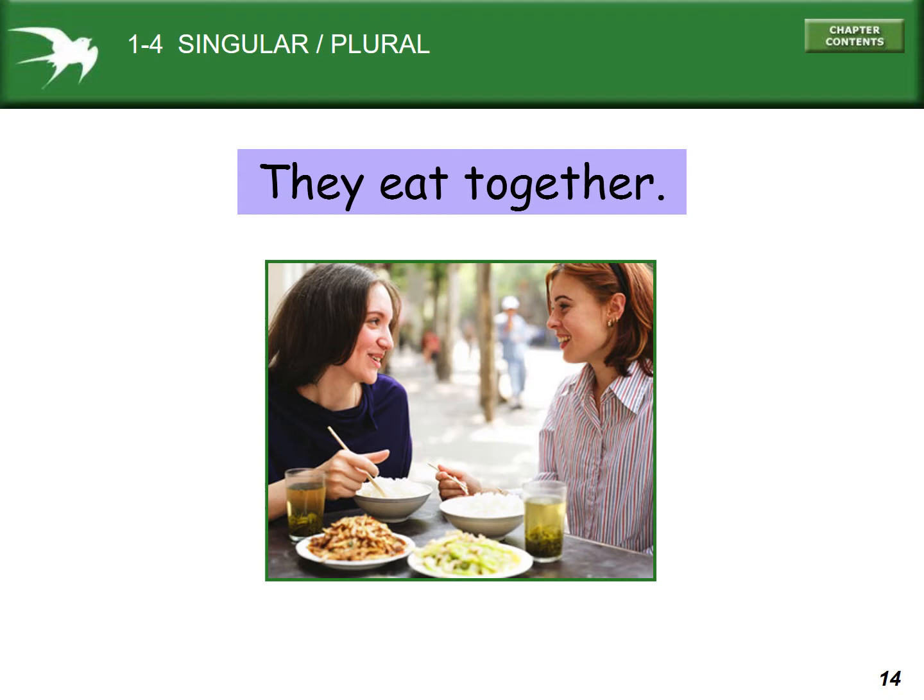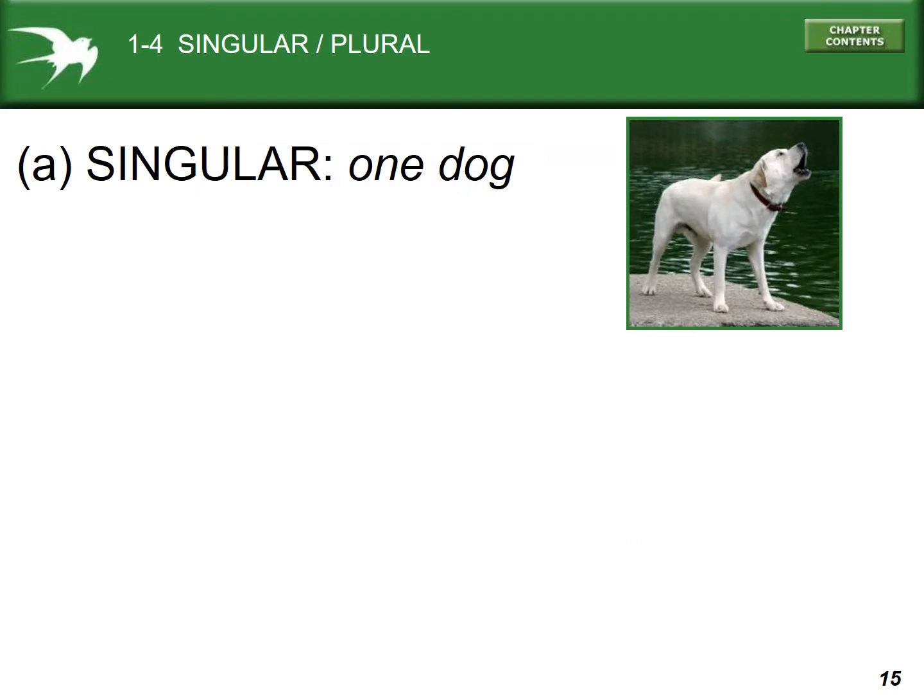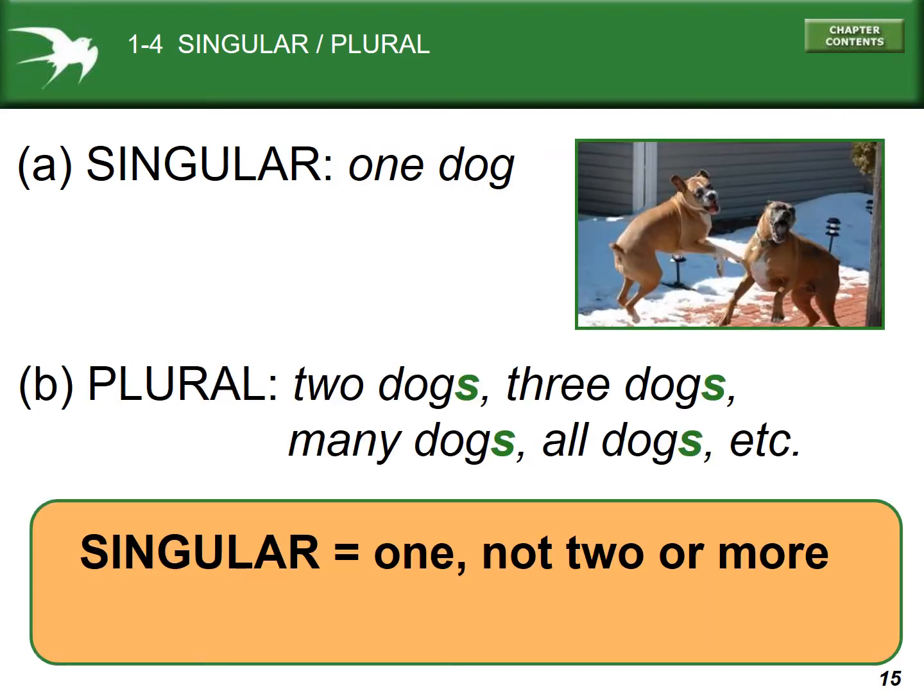Or in other words, third person singular. So singular is one dog. Plural would be two dogs, three dogs, many dogs, all the dogs. If a subject is plural, or if the subject takes S, then the verb will not take S in the simple present.